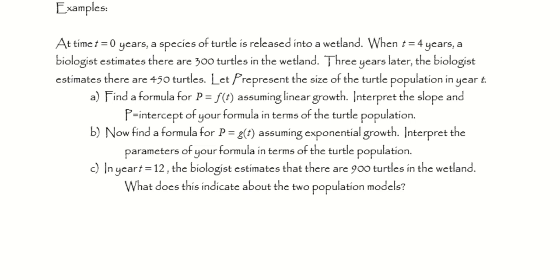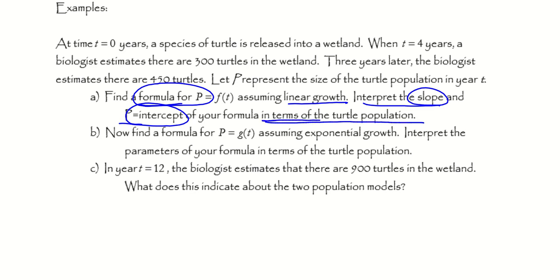Let p represent the size of the turtle population in year t. For A, our job is to find a formula for p of t, assuming linear growth. I then need to interpret the slope and the p-intercept of our formula in terms of the turtle population. That means I've got to talk about turtles.